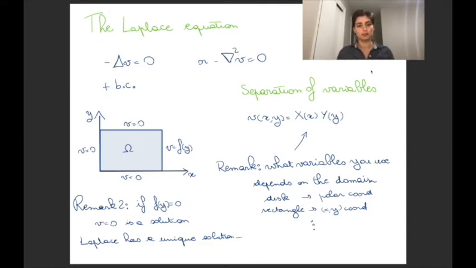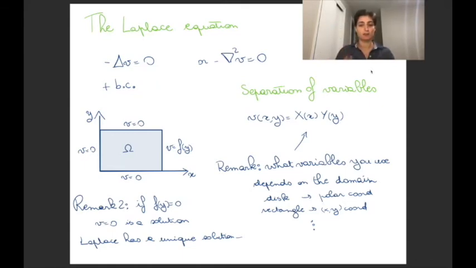We claim that the solution of this Laplace equation with partially non-trivial boundary conditions can be solved with separation of variables. So we will write V(x,y) as the product of a function X of x and Y of y.